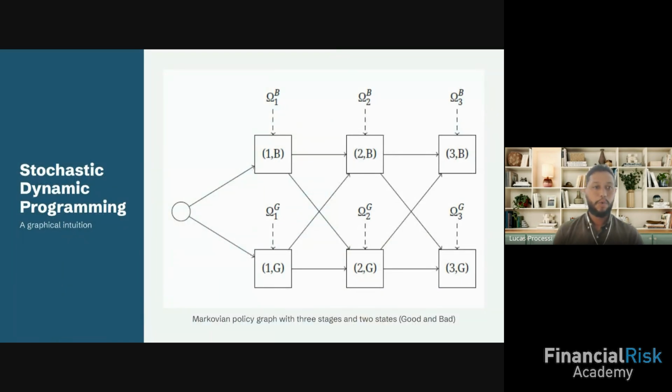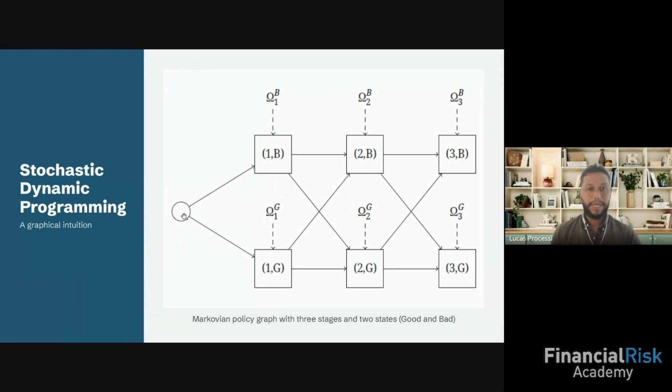All right. So this is just a graphical intuition of the stochastic dynamic programming. So imagine here that in this first node we have the current balance sheet of the bank, right? All the current portfolios, all the current positions, right?